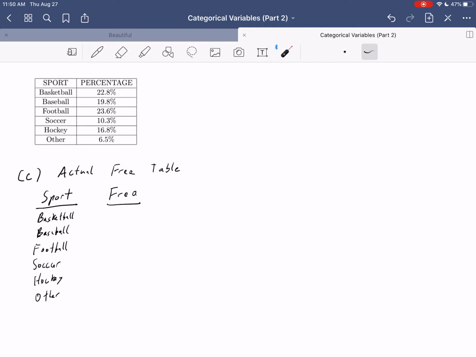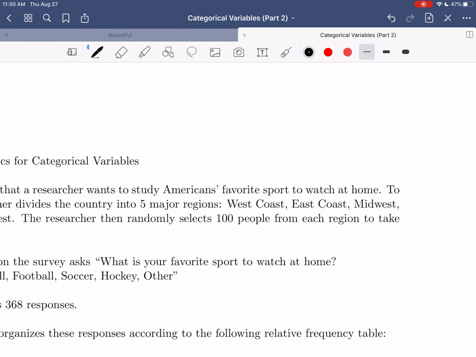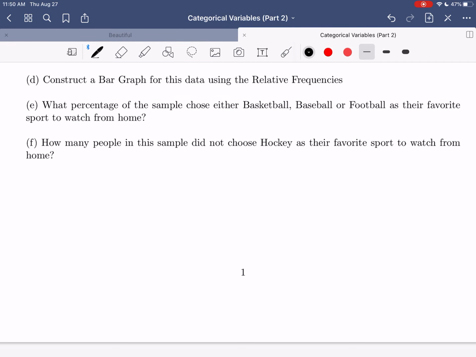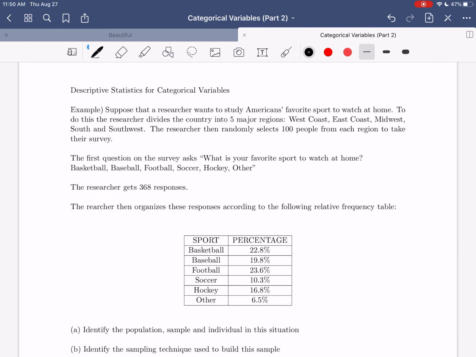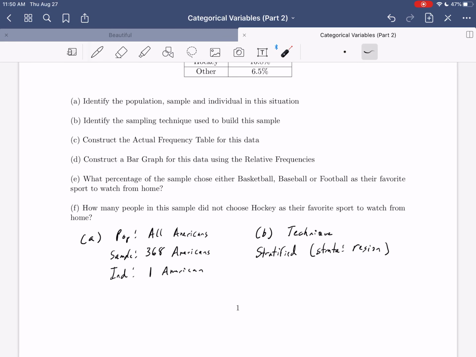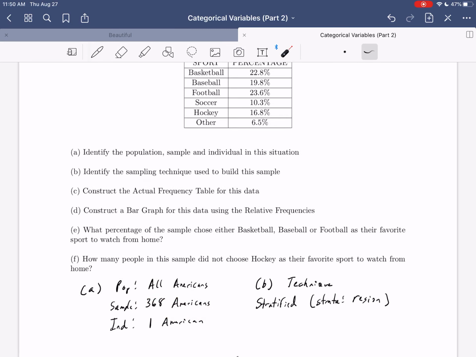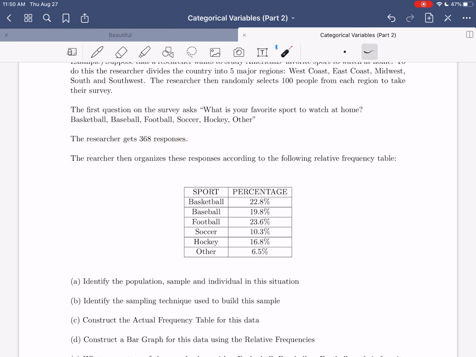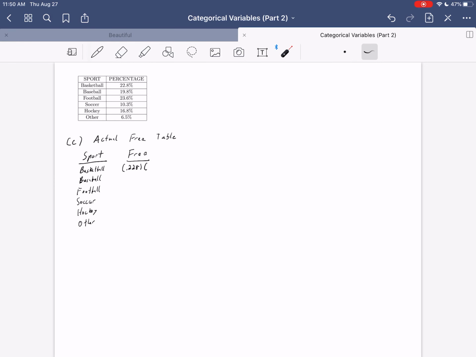So we would take this first one, convert it into a decimal, which would be 0.228. Go ahead and multiply that with the sample size. Remember the sample size back here. If we go back all the way to when we first did that, we said it was 368 Americans, or it was the 368 responses. So that's what we'll go ahead and multiply by.